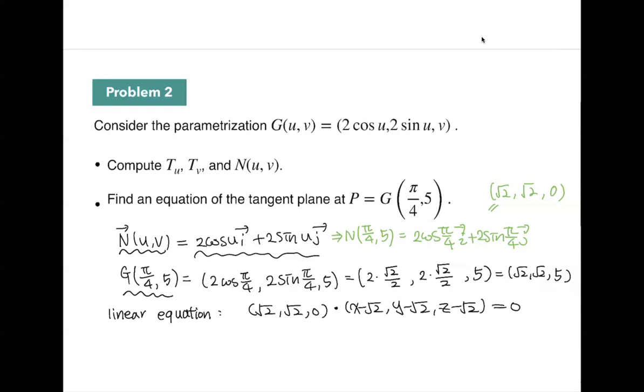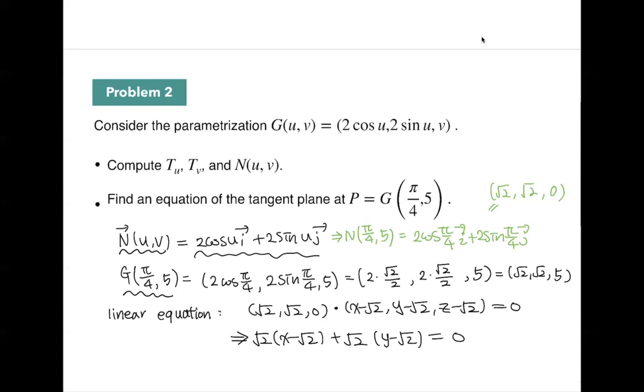This is the linear equation of the plane. So let's calculate the dot product here.